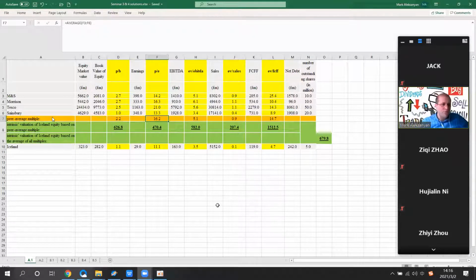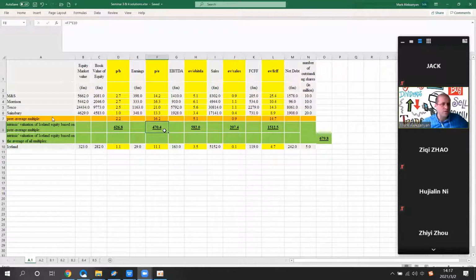And then if we want to value Iceland by utilizing peer average PE, we need to multiply that average PE by Iceland's earnings, which is 29. So in this cell here, which is 470, this is exactly what we have done. So 470 is our valuation of Iceland based on peers' average price earnings multiple.